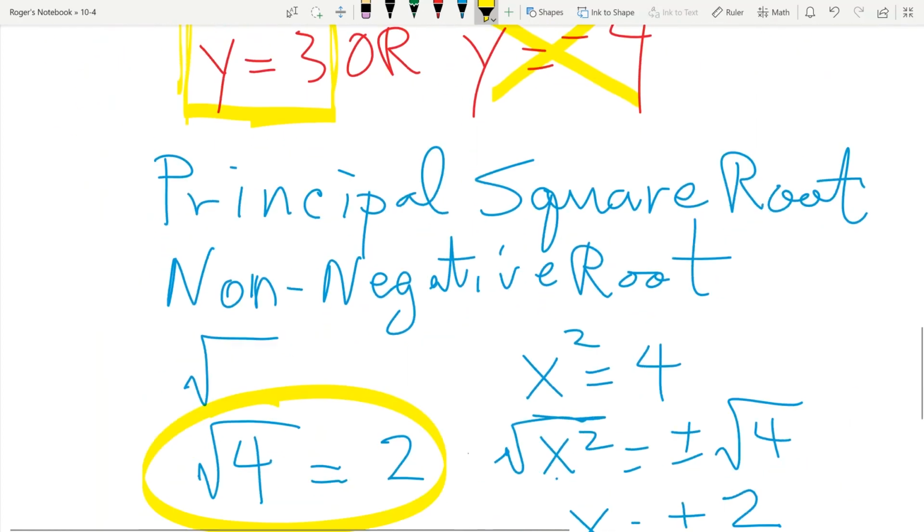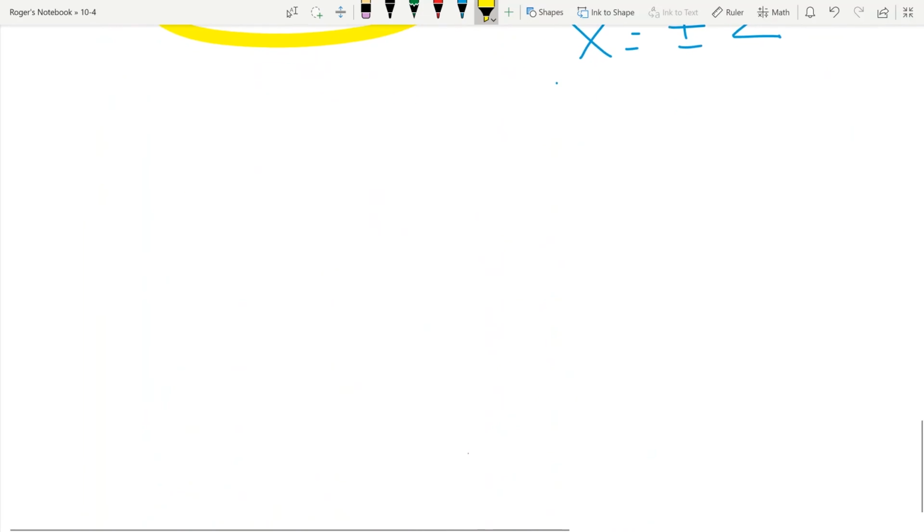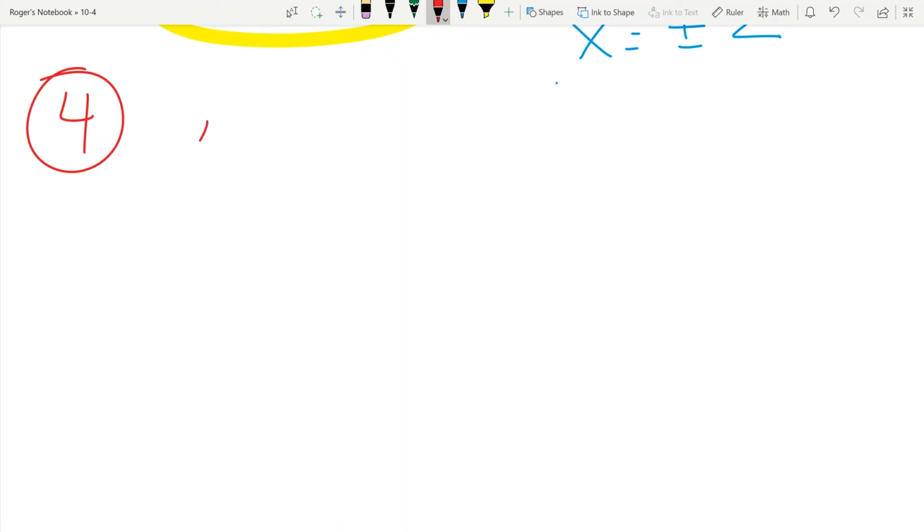We're ready for example number 4. So here we go. Let's see if we can find one that's maybe slightly more challenging. 5 times the square root of x minus 3, plus 4 equals 14.